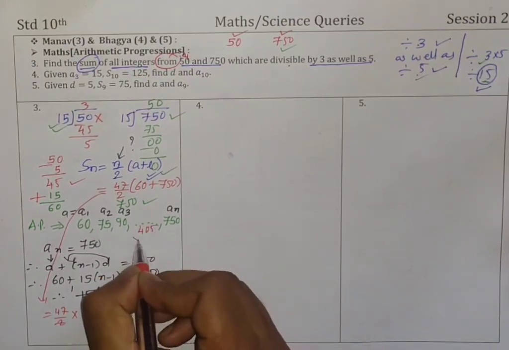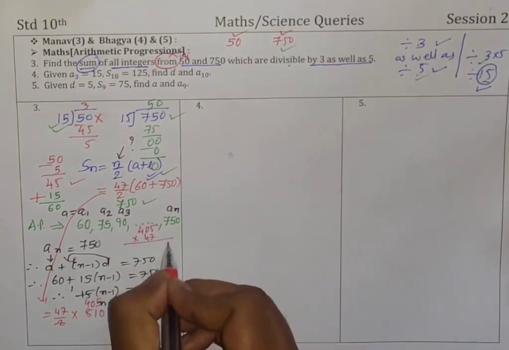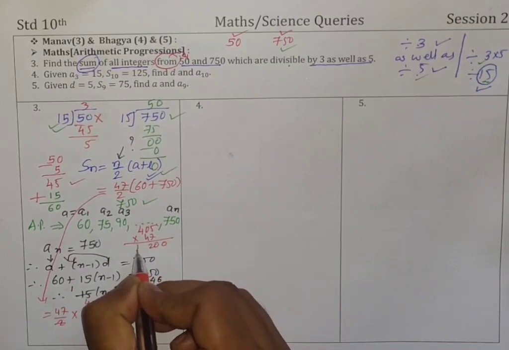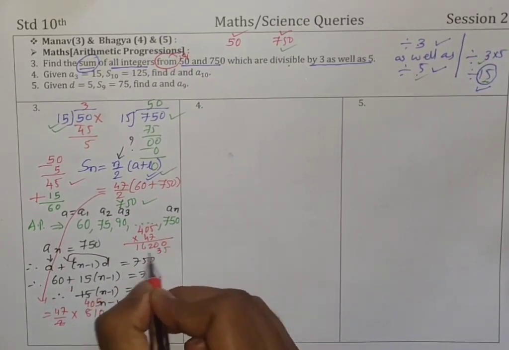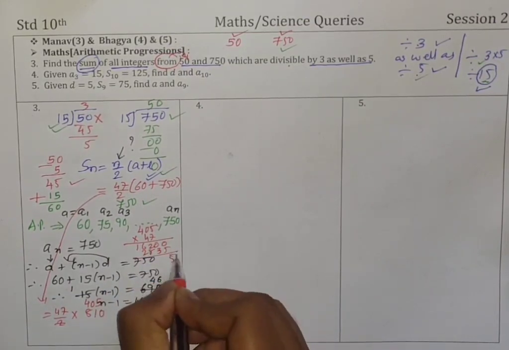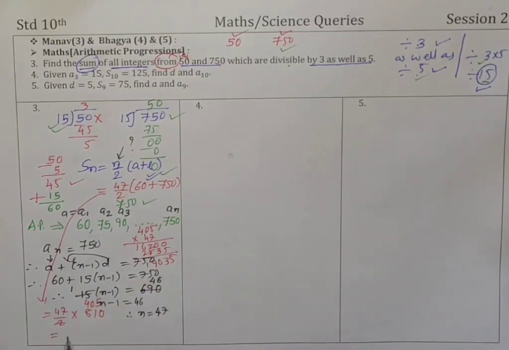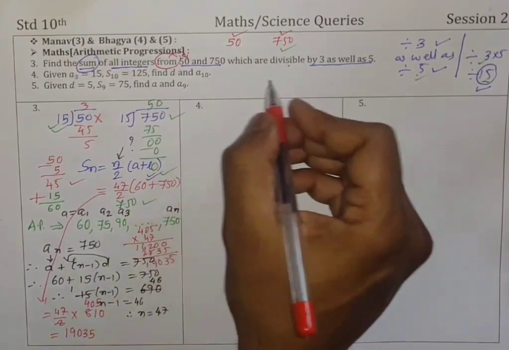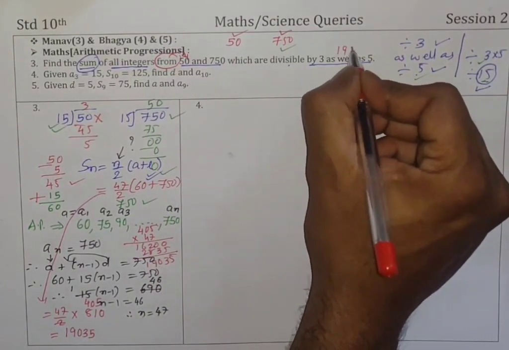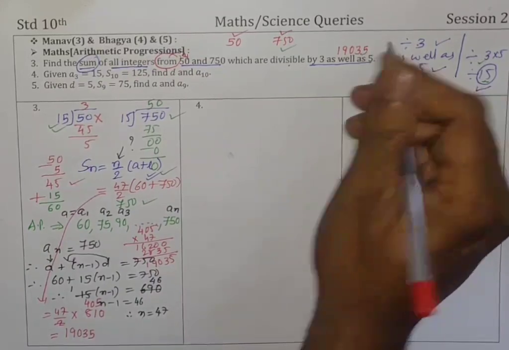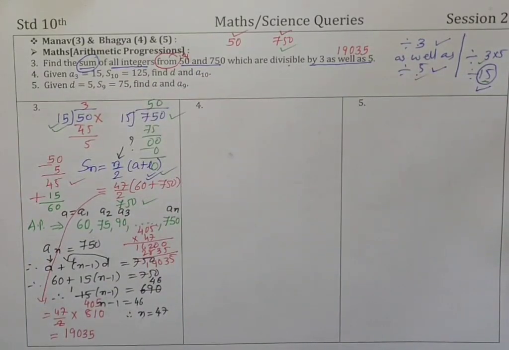So 405 multiplied by 47. That is 19035. So the sum is going to be 19,035. That's the answer. Clear?